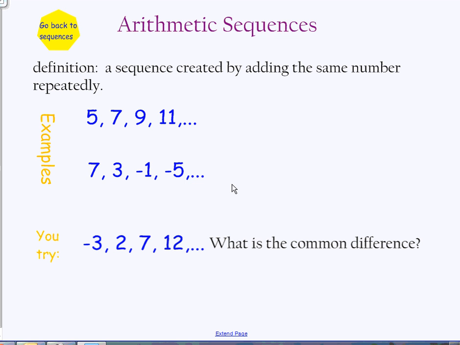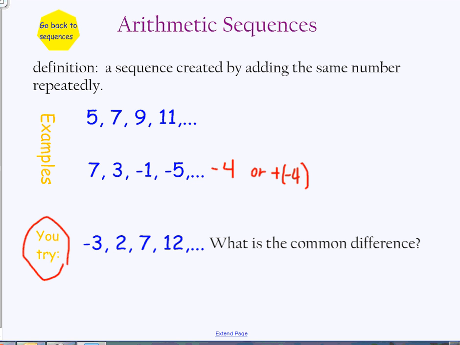Or you could also look at it as adding -4. Okay? All right, and then this one we have -3, 2, 7, 12. I want you guys to do this one in your WISC tonight. Figure out what's the pattern here.